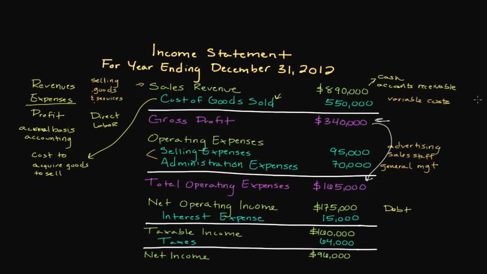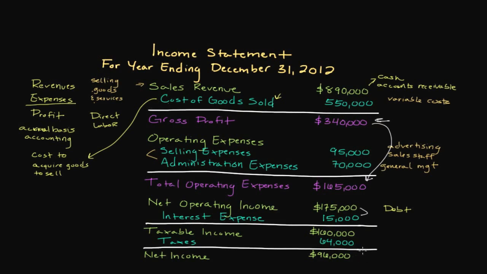Now, factoring that out, obviously, from net operating income, we get taxable income, which is $160,000. And then, of course, we pay taxes on that, which usually is at a specified tax bracket. And so with $64,000 being attributed to taxes, we are left with a net income or profit, bottom line, whatever you want to refer to it as, $96,000.